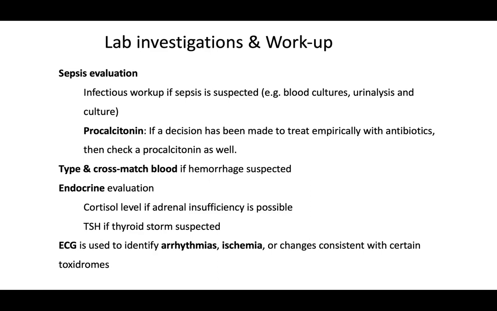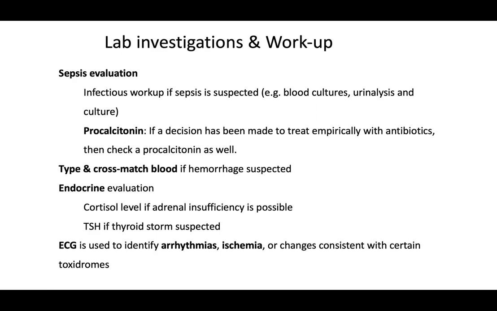For lab investigations and workup, for sepsis evaluation, infectious workup, we have to go for blood cultures, urinalysis, procalcitonin. If a decision is made to treat with antibiotics, then check a procalcitonin, type and cross-match blood if hemorrhage is suspected, and look for the cortisol level if adrenal insufficiency is possible, and also the TSH if thyroid storm is suspected. So an endocrine evaluation also finds place during assessment, depending on the presence of manifestations.